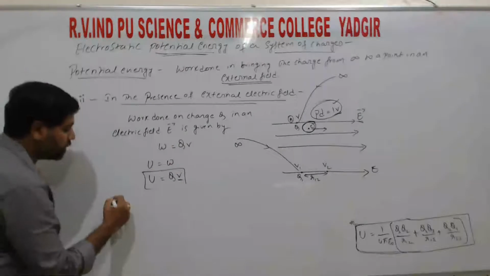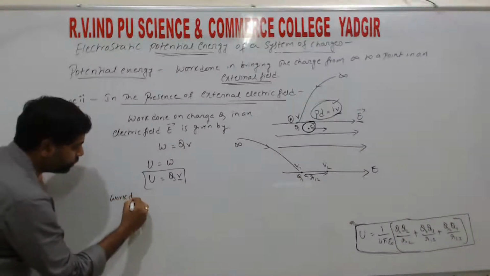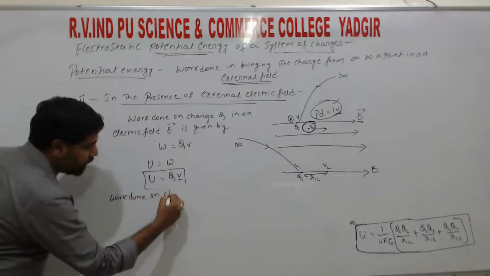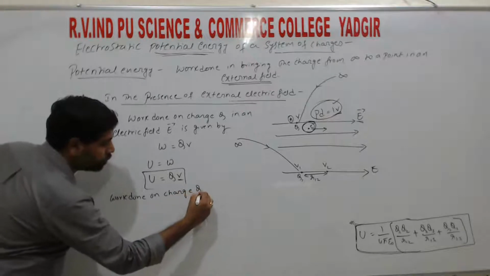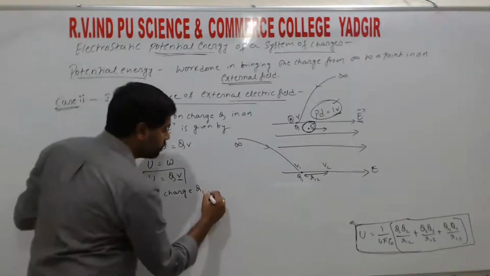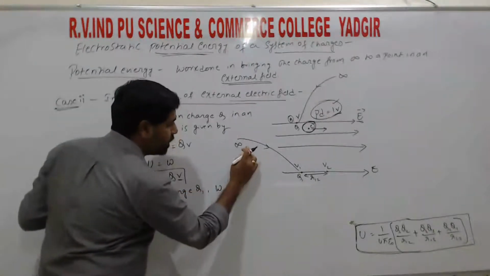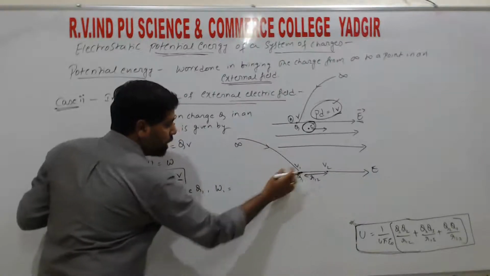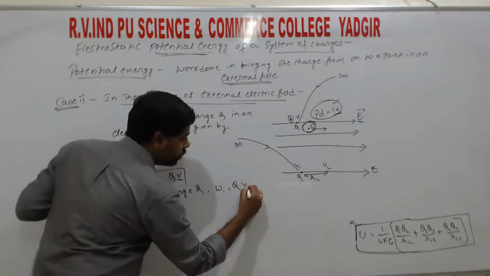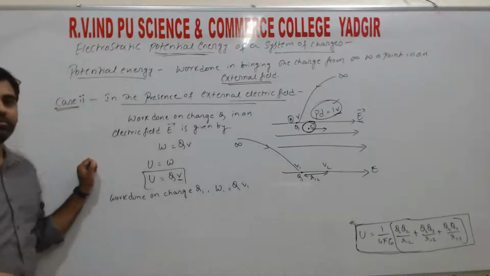So from this relation, the work done on charge Q1 is W1 is equal to the charge Q1 times the potential V1, so Q1 V1.